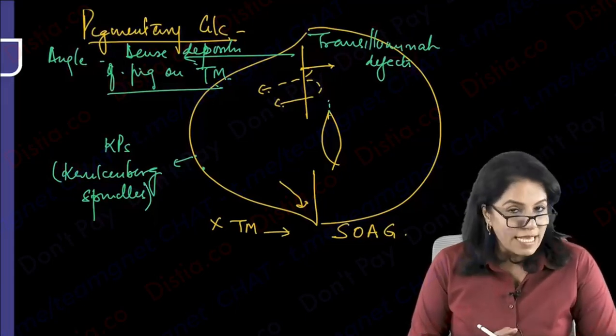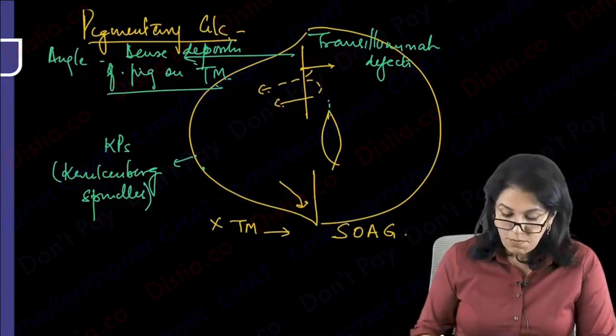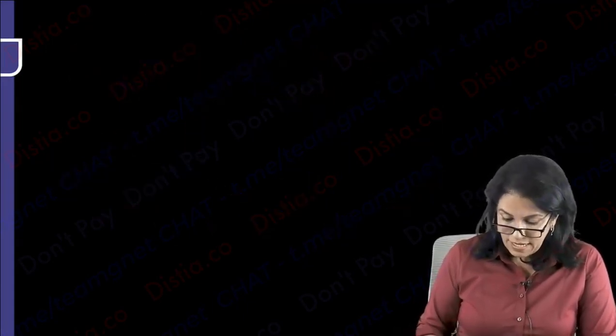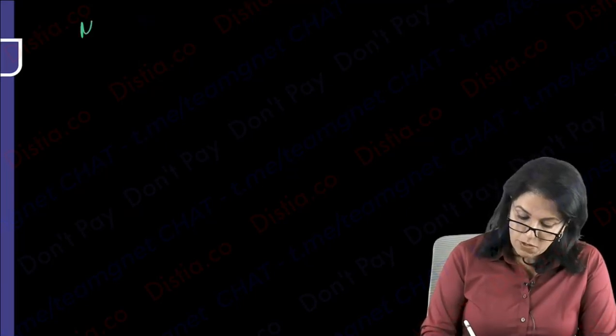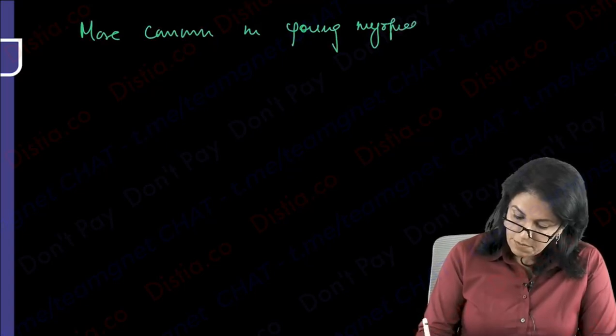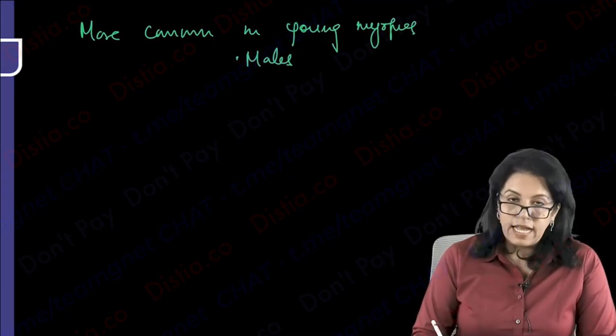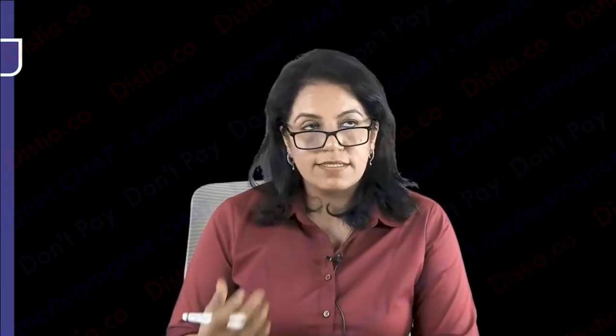It is more common in males and mainly young myopes, okay? So, this is important. Let us note down, pigmentary glaucoma is more common in young myopes, and there is a predilection to the male gender. And generally you see the history after exercise, after coming out from the gym.